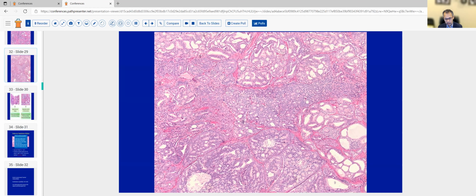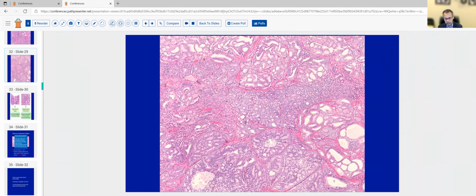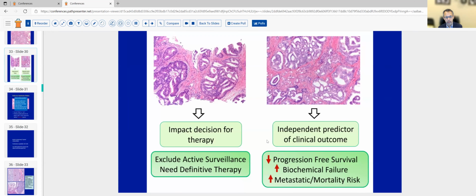Typically greater than 12 lumina are considered large glands. If the cribriform glands are twice the size of adjacent benign prostate glands, that's also considered a large cribriform gland. But for grading purposes, we really don't have to worry about whether we are dealing with small or large cribriform glands. It is technically a pattern 4, or 5 if associated with necrosis.